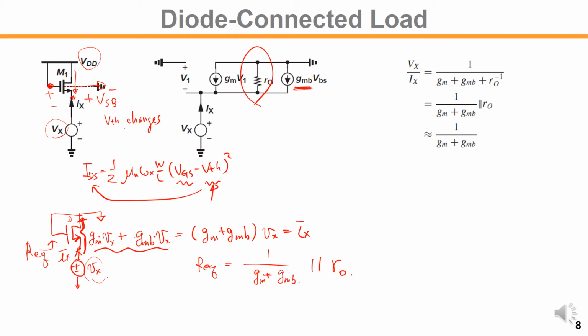The maximum Vx voltage it can go up to is VDD minus VTH, which is the maximum voltage that ensures M1 is in saturation.